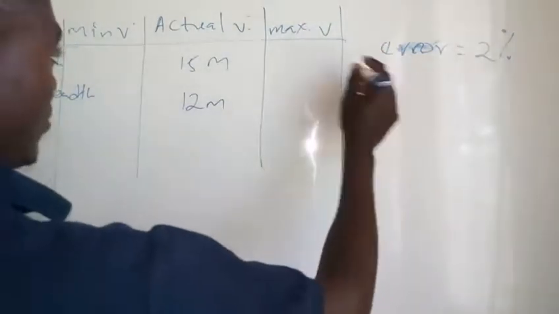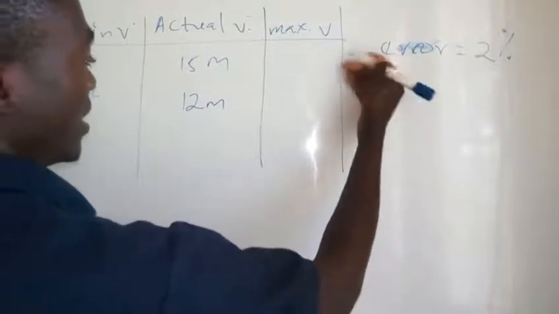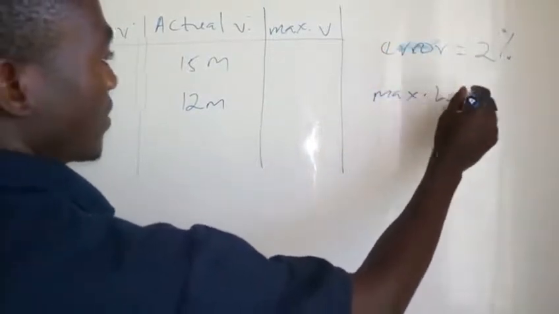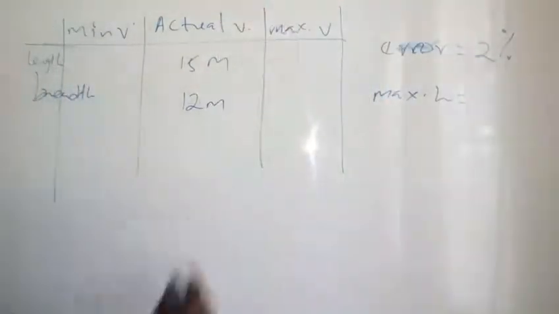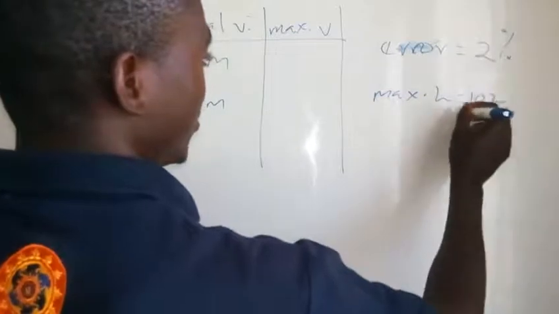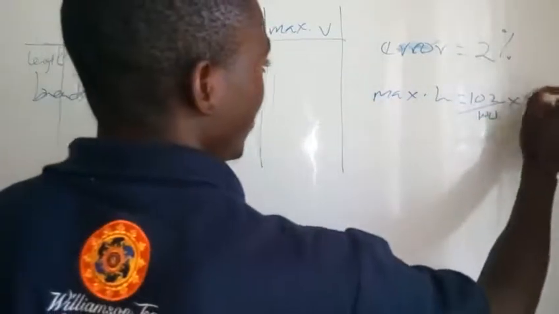Remember, to get the maximum length, you take the 2% and add it to 100%, and that gives you 102 over 100 times the actual value, which is 15 meters.